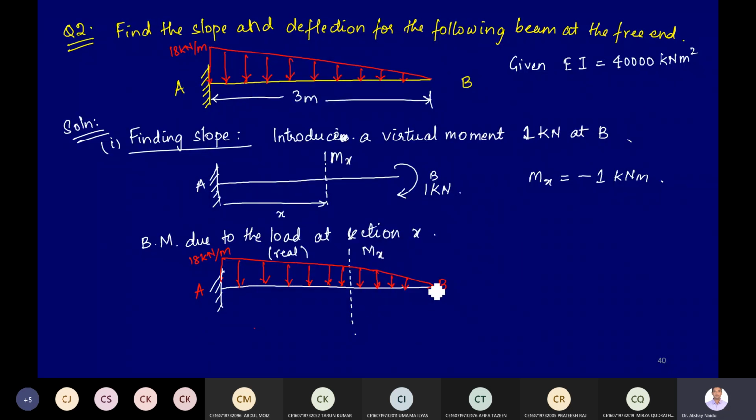Sum of all the moments due to forces acting on the right. So on the right, the load that is acting is half base into height. This is X. This will be L minus X. So half base. Now what is height? Total length is 3, so this is 3 minus X.